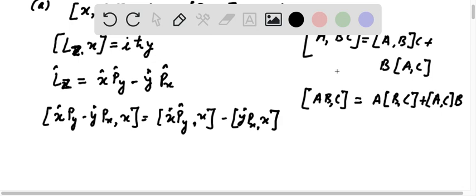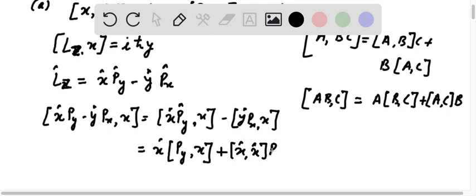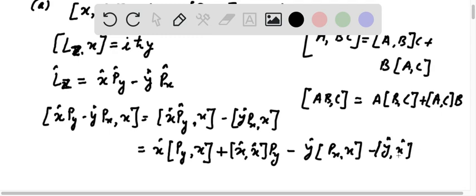Now I use these properties, so this is x [py, x] plus [x, x] py. Similarly this one, y [px, x] plus [y, x] px.